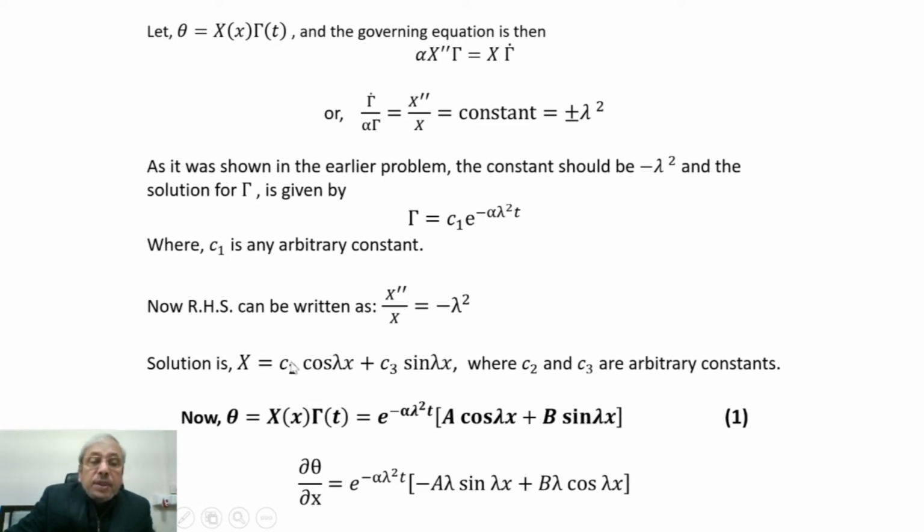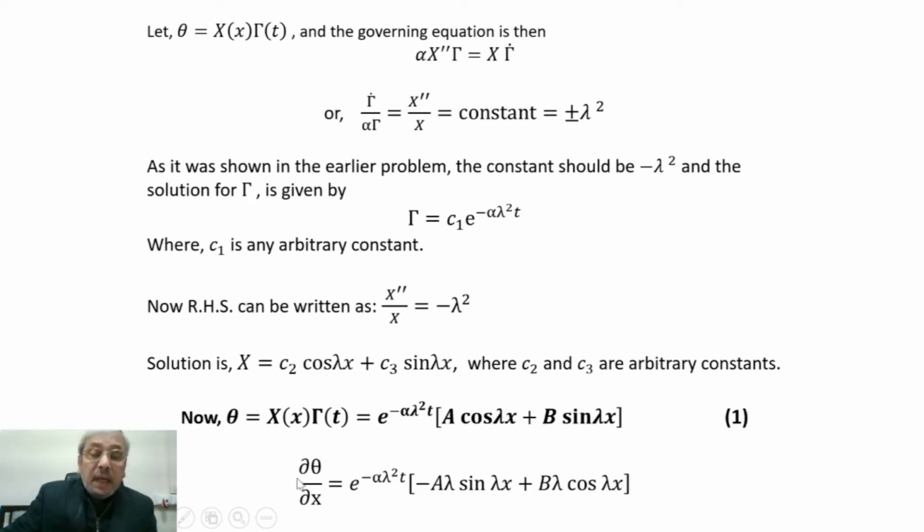This was originally C2 cos lambda x plus C3 sin lambda x. When it is multiplied by C1, we coin new constants a and b.